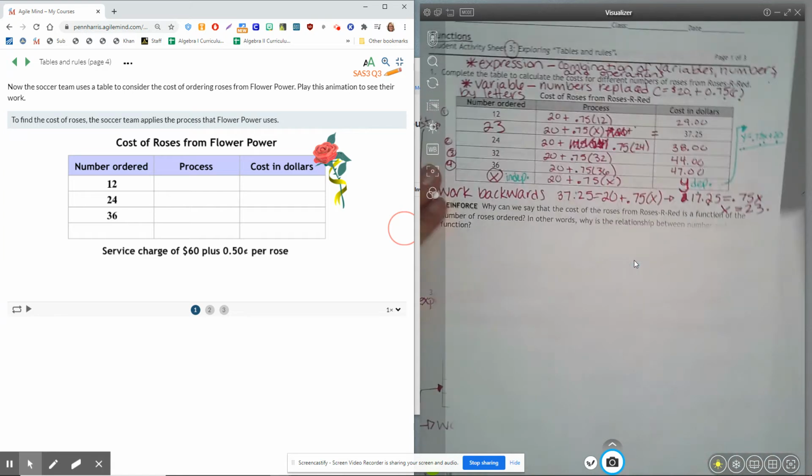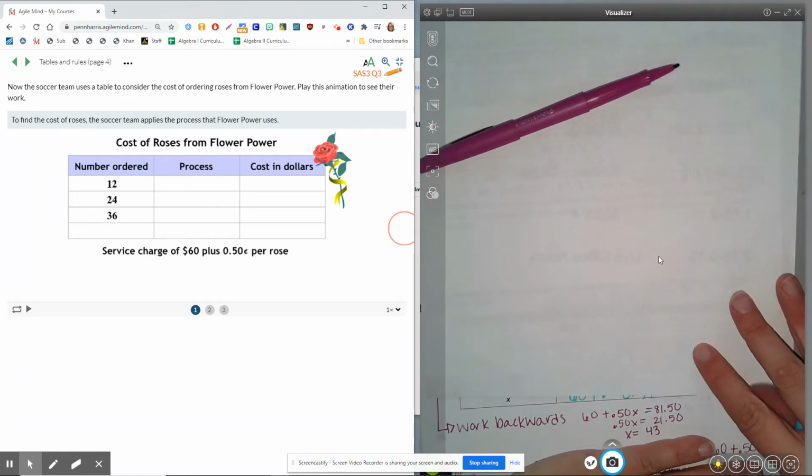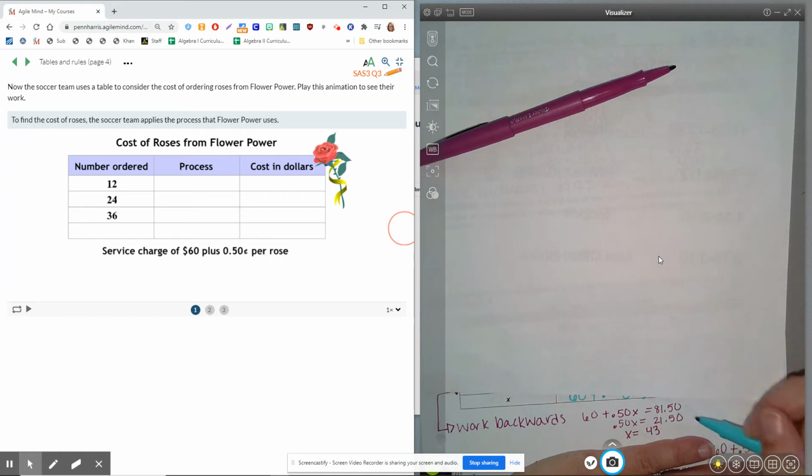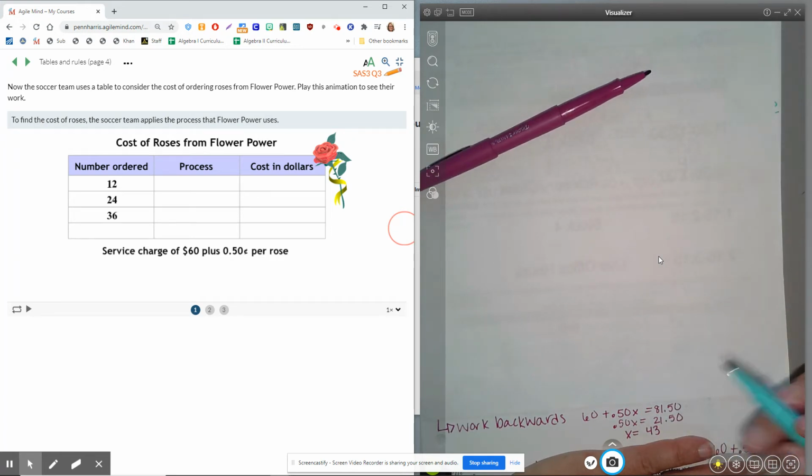So again, we're going to work backwards on this. Here's that same exact expression. $60 service fee plus the 50 cents per rose gave me $81.50. So the first thing I did is I subtracted this service fee to bring it down to $21.50.